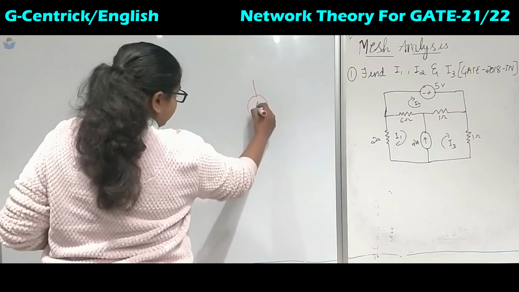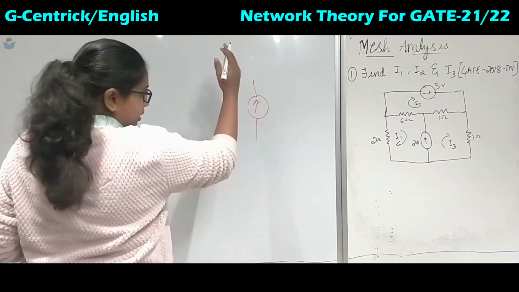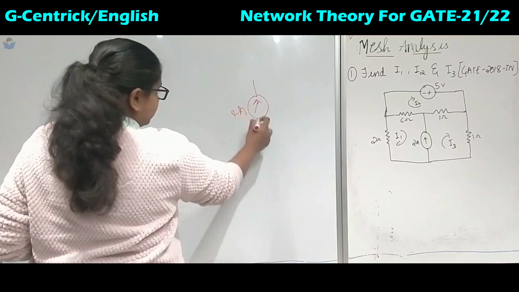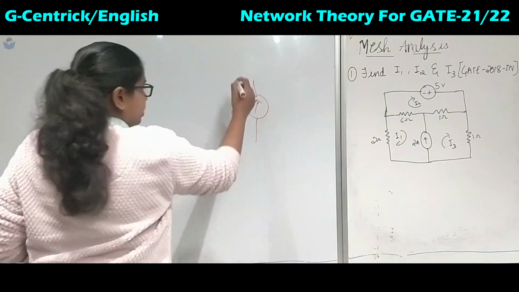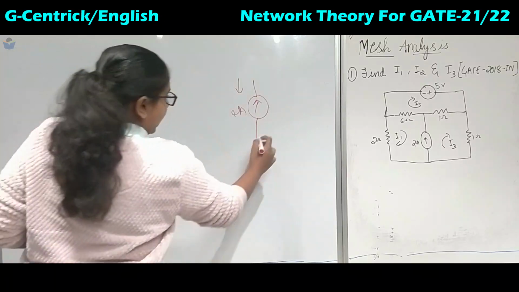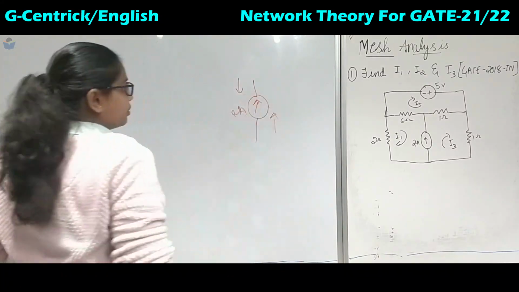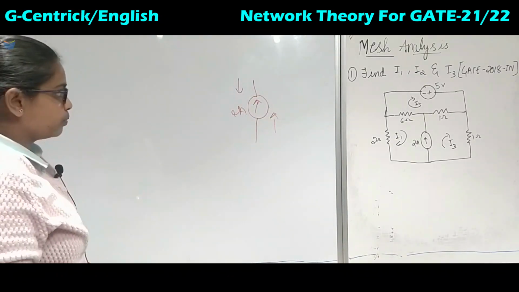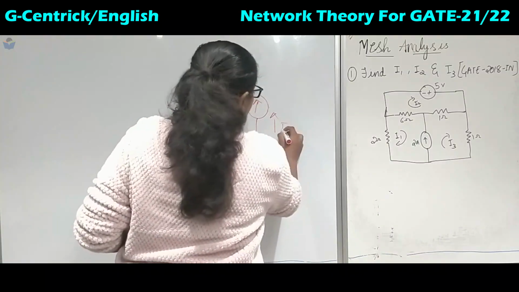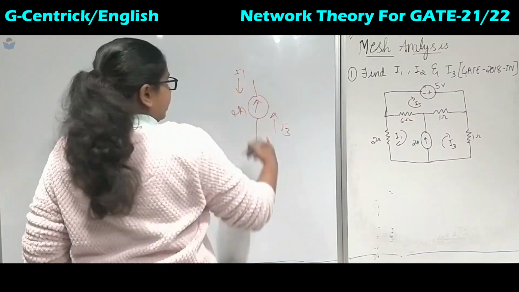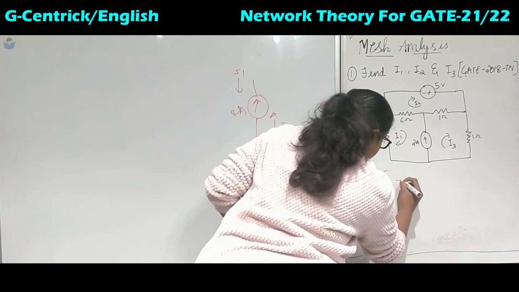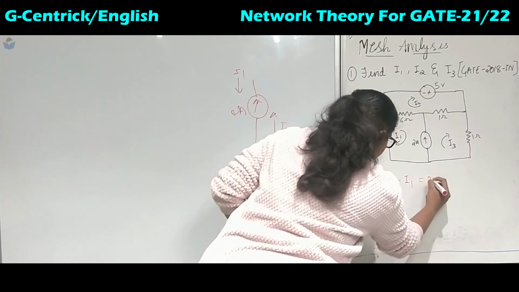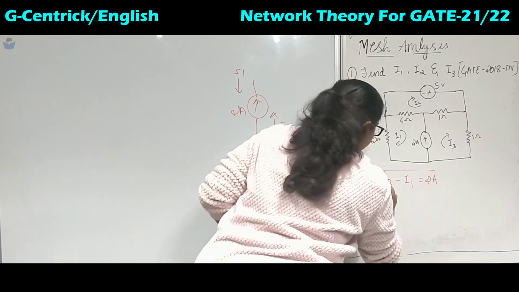This ideal current source is in the upward direction and it is 2 amperes. The current I1 is flowing opposite to this ideal source and current I3 is flowing in the direction of the ideal current source. So I3 is greater than current I1, and our first equation will be I3 minus I1 equal to 2 amperes.